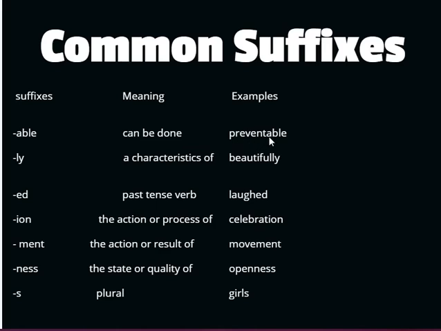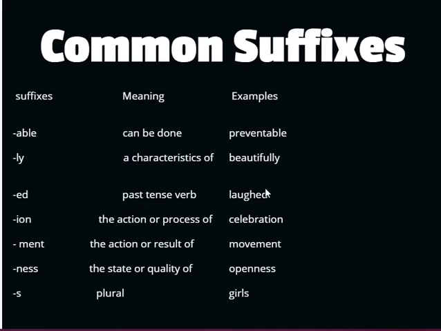So preventable means it could have been prevented. Or ly, which is a characteristic of. So beautifully would mean it's very beautiful. How about the suffix ed? It's a past tense verb.